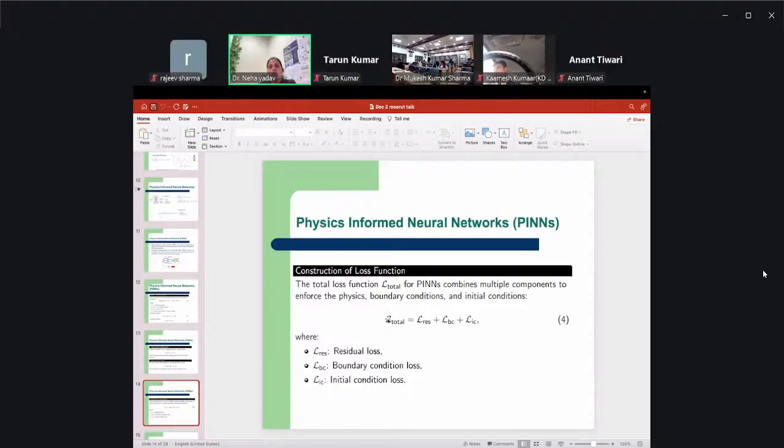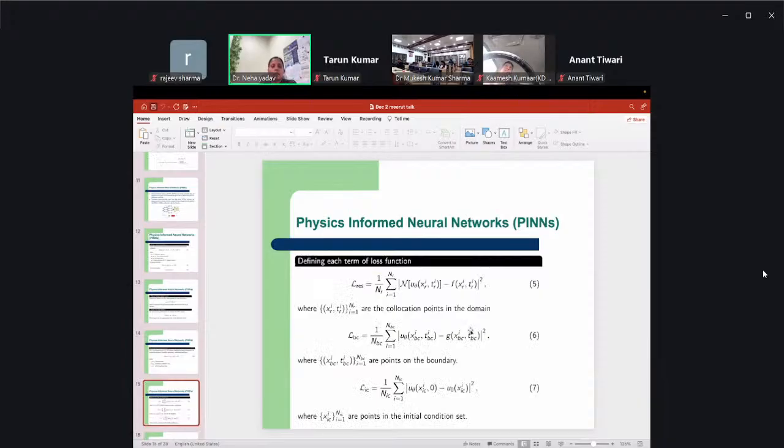So the total loss is the loss due to the PDE residual, which I have already shown by equation 3, and the loss due to the boundary condition and initial condition. In particular, we can define all these terms.